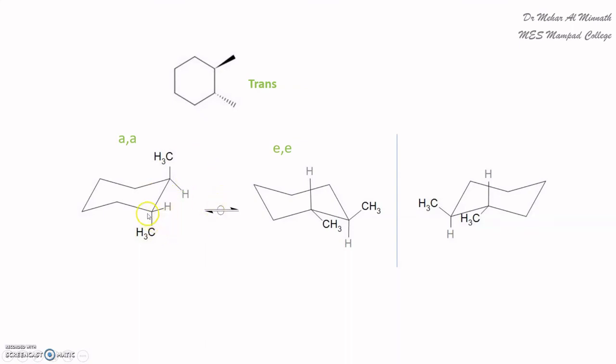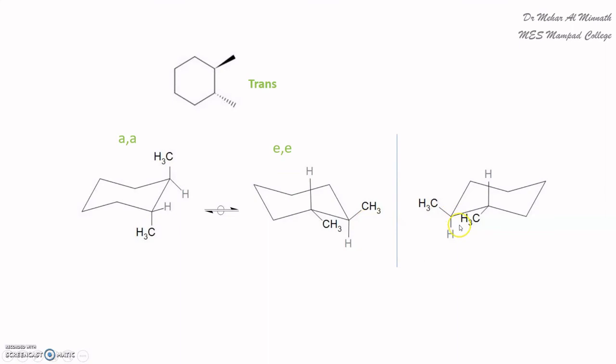So the trans compound will always prefer to exist in the equatorial conformation, that is EE. It will exist as the EE conformer. Energetically, the EE conformer is more stable, having lower energy. If we divide it into butane units also, we can find it. We'll do it later.